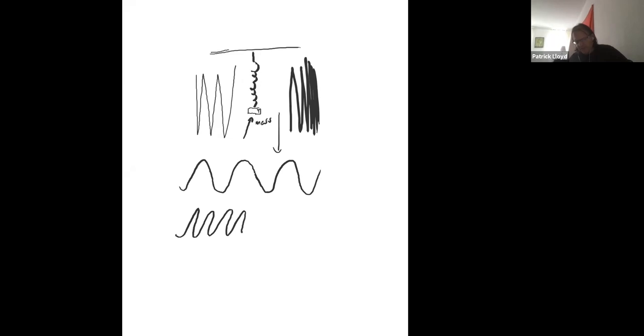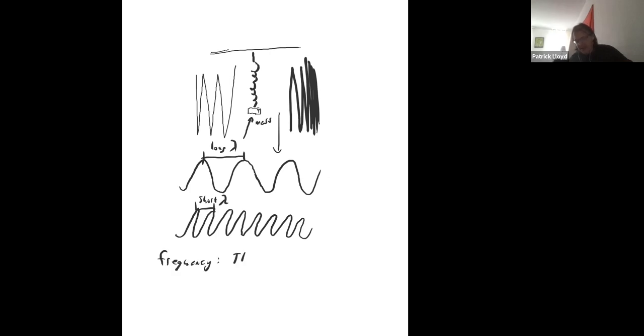Now, what's happening when we do that? We're changing the wavelength, right? That's changing the wavelength, no question about it. This has a longer wavelength. This one has a shorter wavelength. Okay, so the wavelength changes. However, we're going to define something called the frequency now. And the frequency is this.